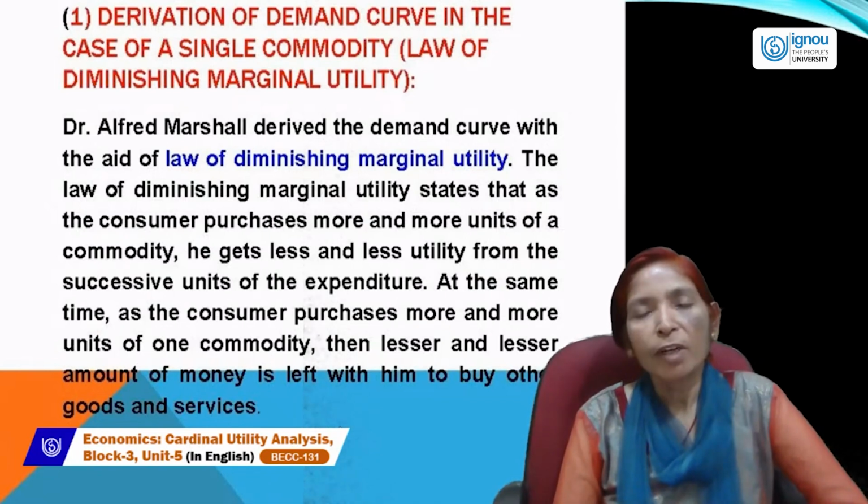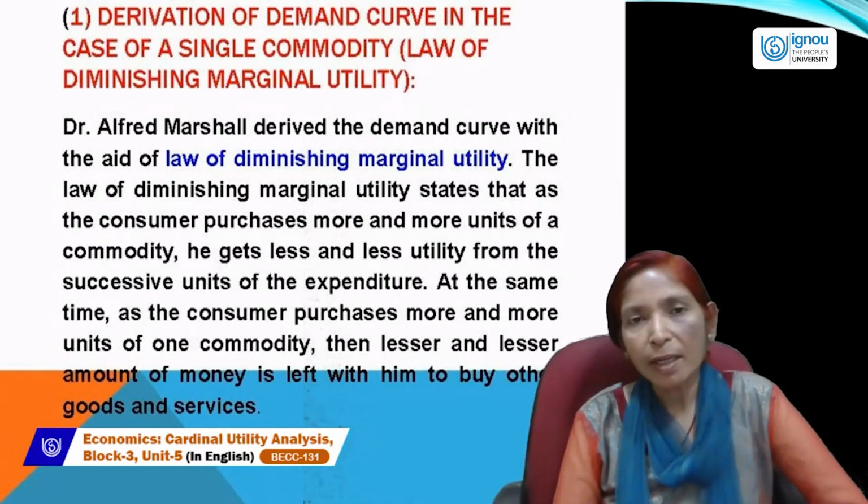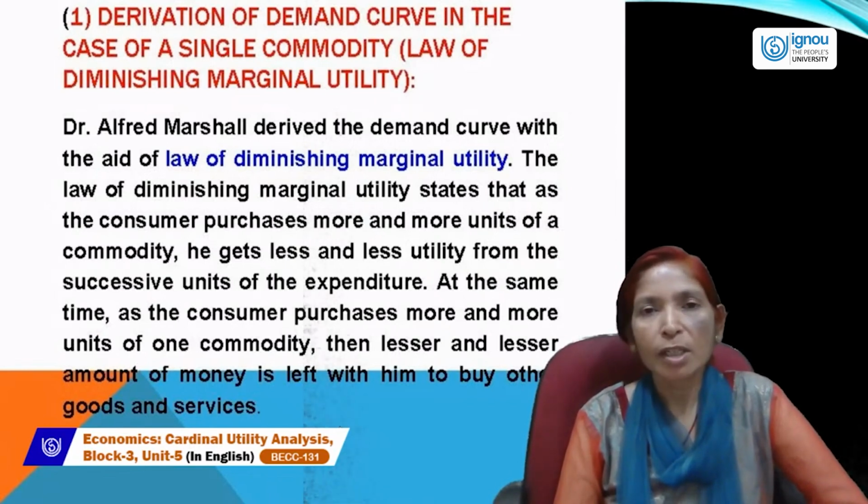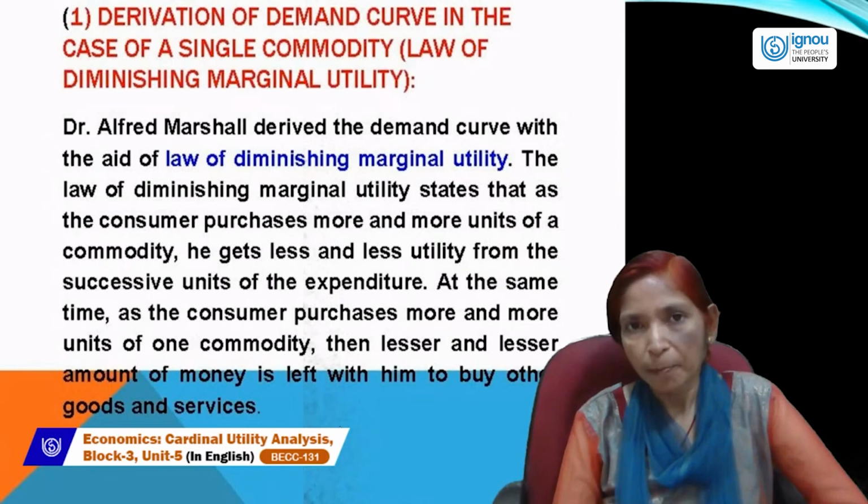The second chapati will give him somewhat less satisfaction. After that, the third chapati will give him even less satisfaction. As the number of chapati units increases, his satisfaction will start falling.